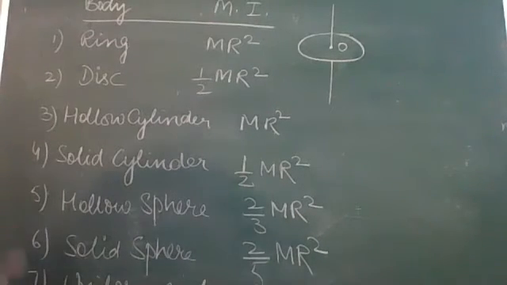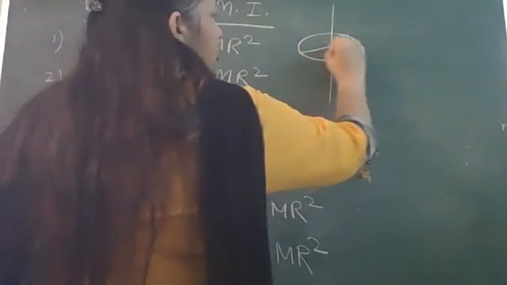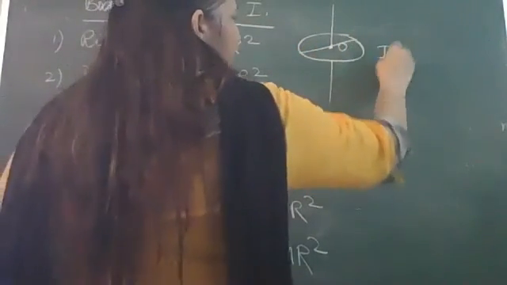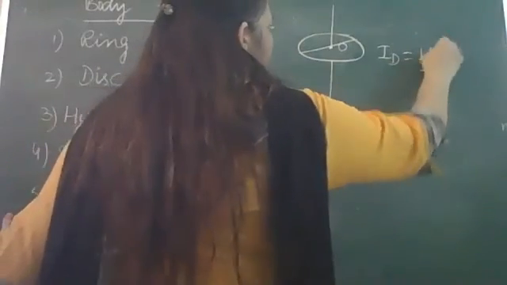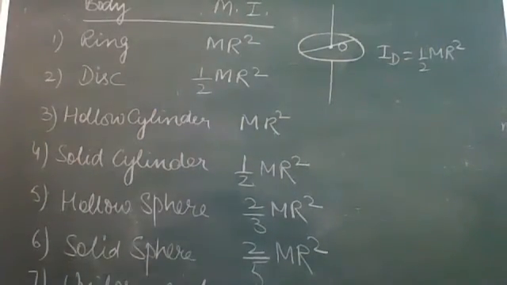If I want to write about a diameter, it will be different. About a diameter, that will be half mr square. I am talking about a ring, for example. About any other axis, it will have a still different value.